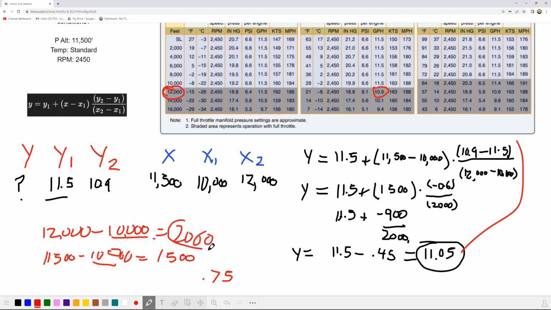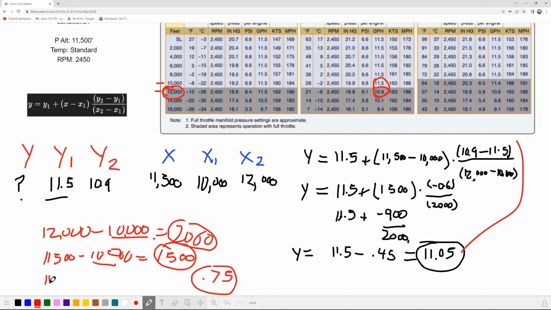So this is the total difference between these two numbers. This is the distance we want between the two numbers, and that is 75% of the way there. So I would then find the difference here, 11.5 minus 10.9. And again, if you can do this in your head, that's what makes it faster.